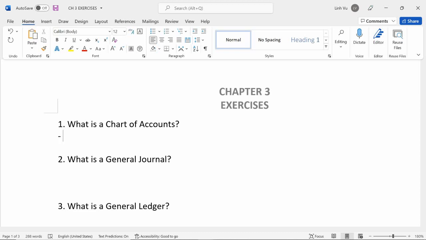Okay, you gave examples of accounts, but what is the chart of accounts? What does it do for the bookkeeper? A list of the accounts. Good. A list of all the accounts for a business transaction. Good. Right? And yes, it is created by the accountant.